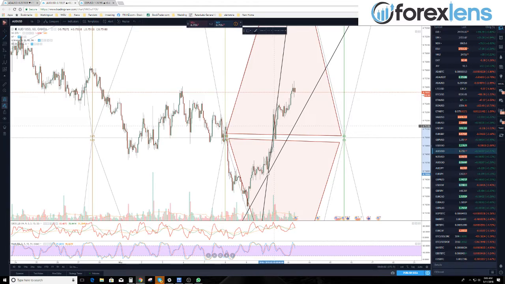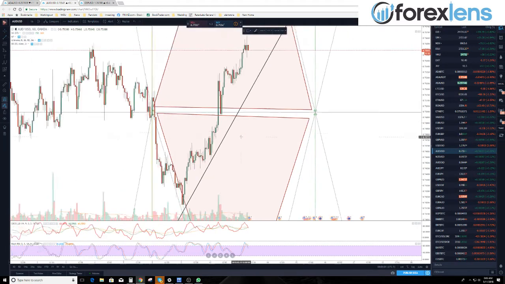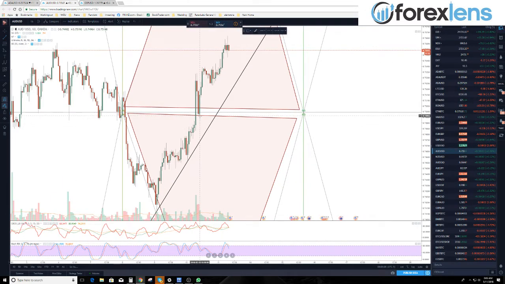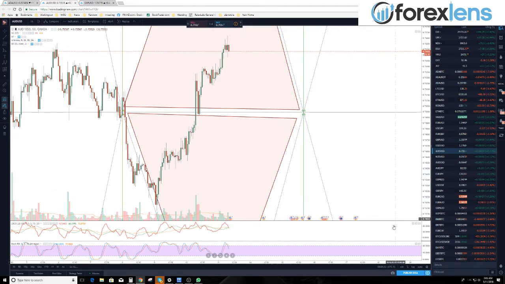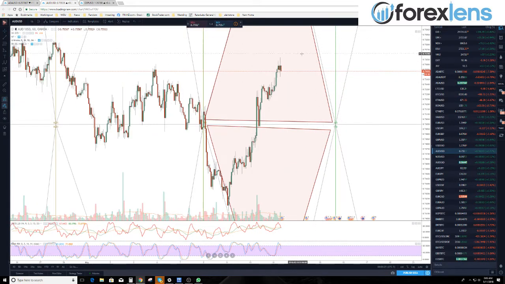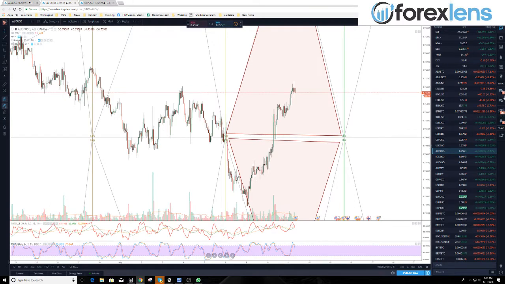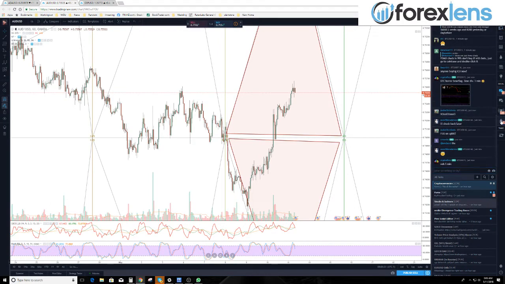Here, then we had that pullback, and now we're looking at the slope increasing. Incrementally higher. So we should see a bit of a pullback here during the day on the Aussie dollar as well. But because we're not up against an angle, we want to just hold off a second. Where was I at?